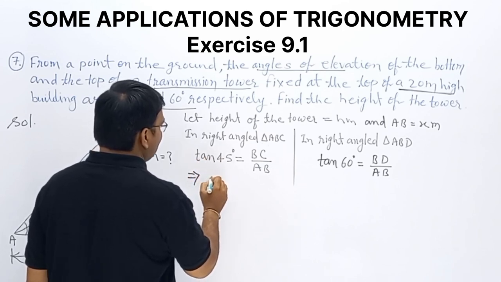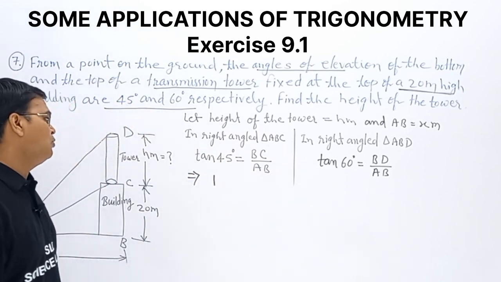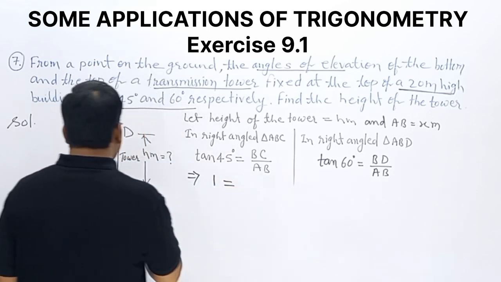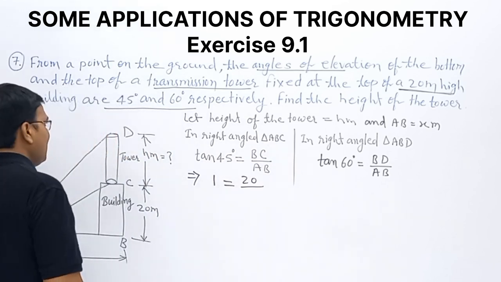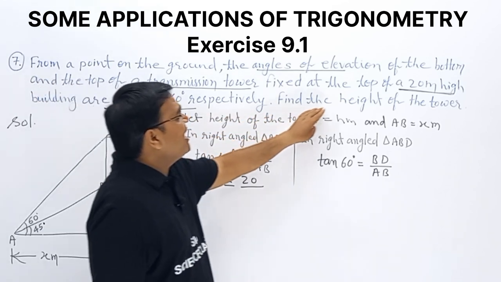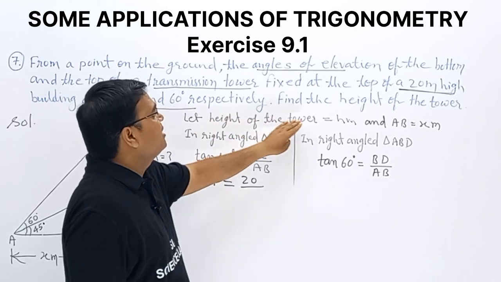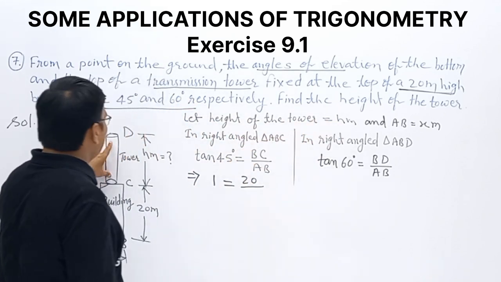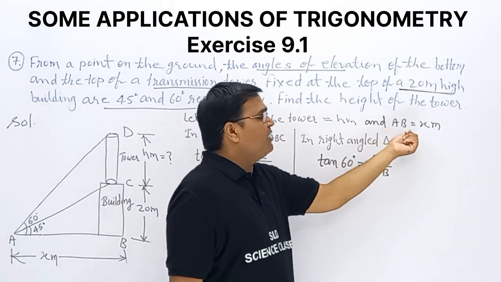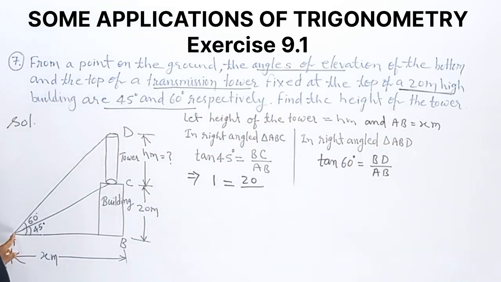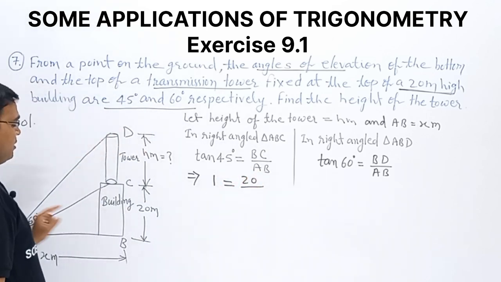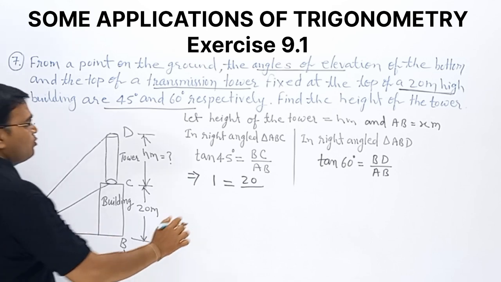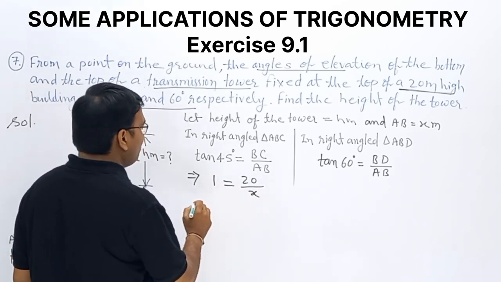Now I am putting in the values. Tangent 45 is 1. BC is the height of the building, which is given as 20 meters. And for AB, we want the height of the tower, so we assume the height of the tower is h meters. The base AB, the distance between the observation point and the building, we assume is x meters.